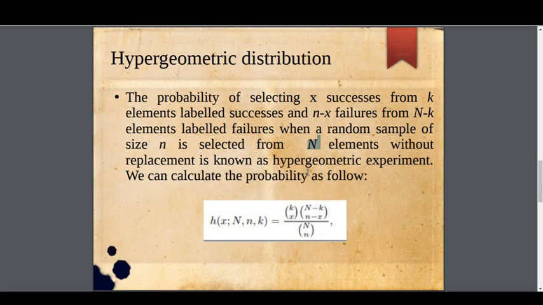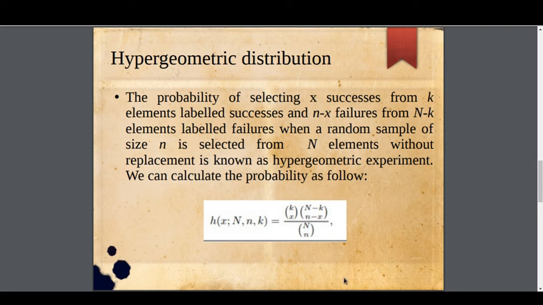So how do we calculate that probability? Very simple. The first term is K choose x. As I mentioned, from the subset K we are going to choose x elements. The second term is capitalized N minus K choose n minus x. From the subset capitalized N minus K we are going to select n minus x elements.